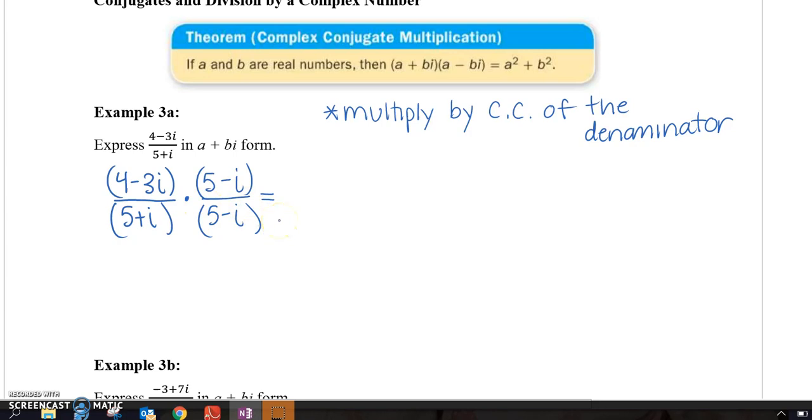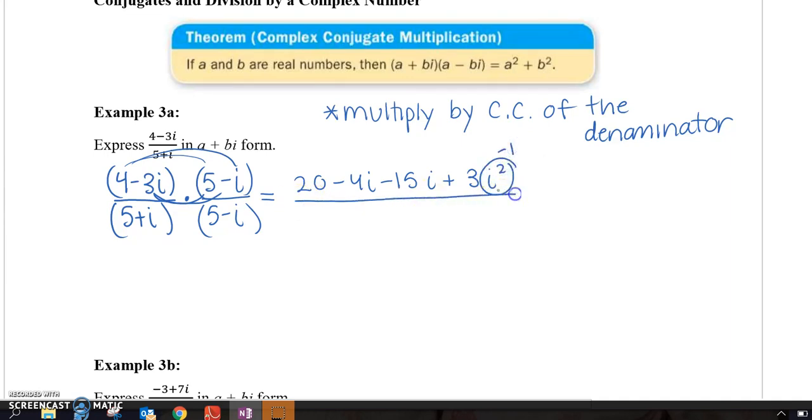If we multiply the top, we have 4 times 5, which is 20. 4 times negative i, which is negative 4i. Negative 3i times 5, which is negative 15i. And negative 3i times negative i is 3i squared, and i squared is -1.